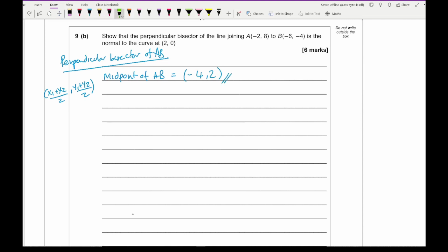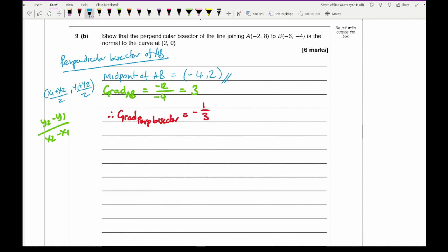If I then work out the gradient of AB, and that's using y2 minus y1 over x2 minus x1, then I get a gradient of AB as being -12 over -4, which gives me positive 3. So that therefore means that the gradient of the perpendicular bisector is going to be the negative reciprocal, and that's going to be -1/3.